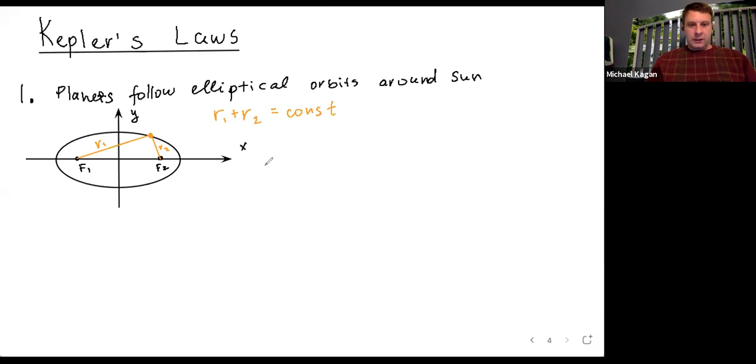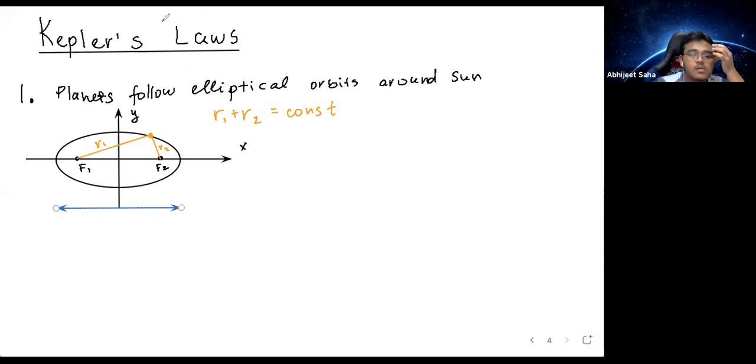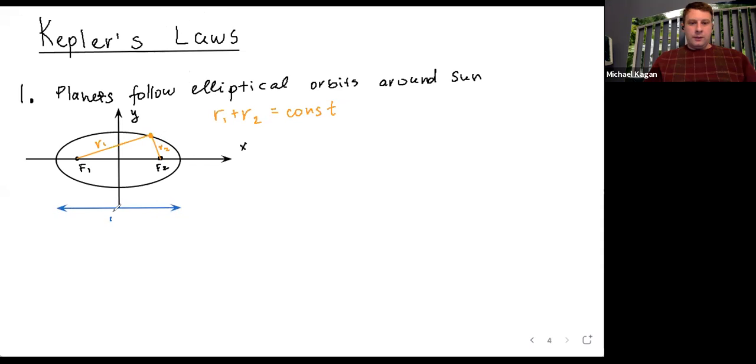And is it obvious that this sum equals this distance, the longer dimension of the ellipse? Is it obvious, or do you want me to elaborate? Yes, it is. Okay. So usually that is denoted by 2a, where a is the longer radius, so to speak. a is called the semi-major axis.